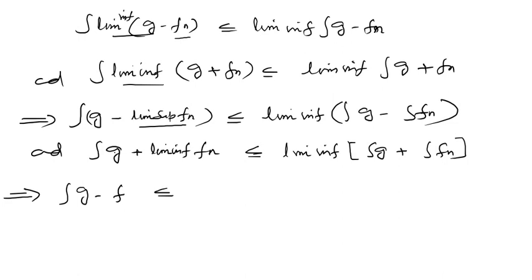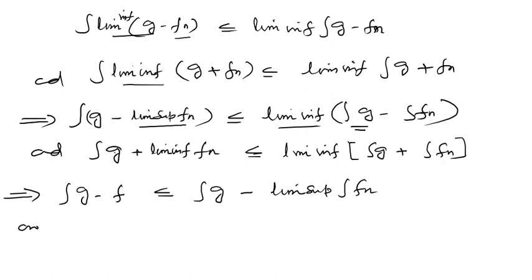So let's apply this limit inferior to this difference separately. The first one is independent of the limit, so it's equal to the integral of g, and the second one is the limit inferior of minus times this, that will be minus times the limit superior of the integral of fn.